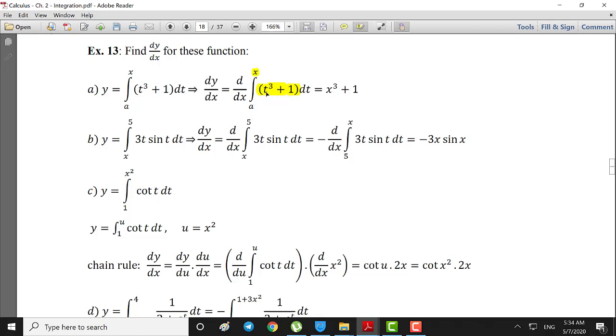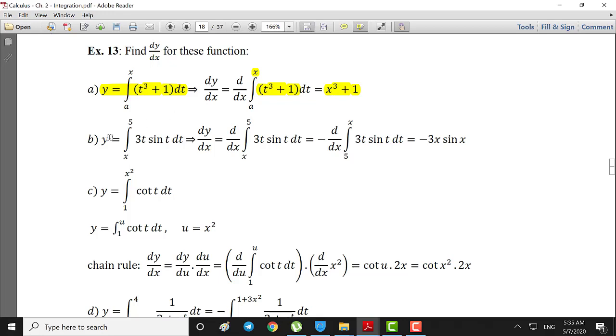So instead of t cubed plus 1, we say x cubed plus 1, right? Which is our f of x. So if y is equal to this, dy over dx is equal to x cubed plus 1.